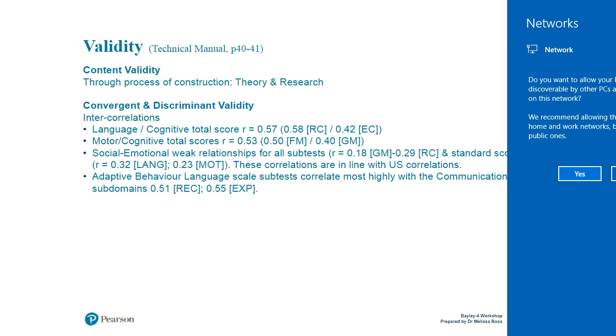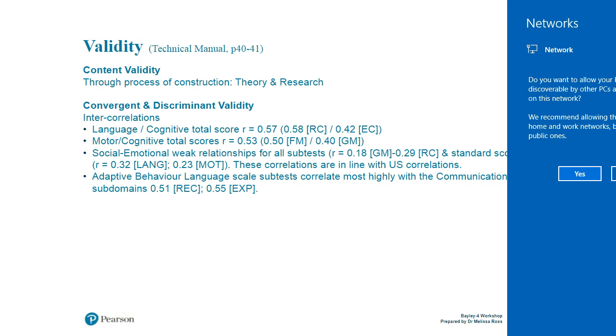For example, you need to be motivated to walk to the other side of the room, or you need cognition to imitate. You also need cognition to understand and construct speech. Thus, there is always correlation between subtests. In this case, the correlations are very acceptable and indicate the subtests are indeed measuring different things.